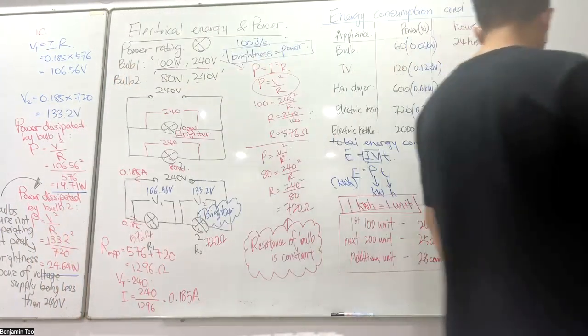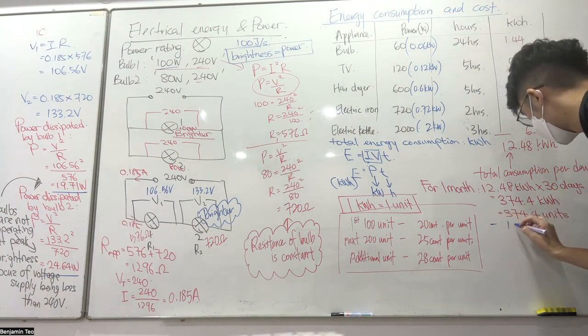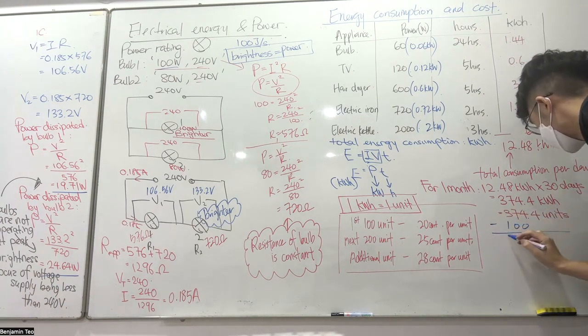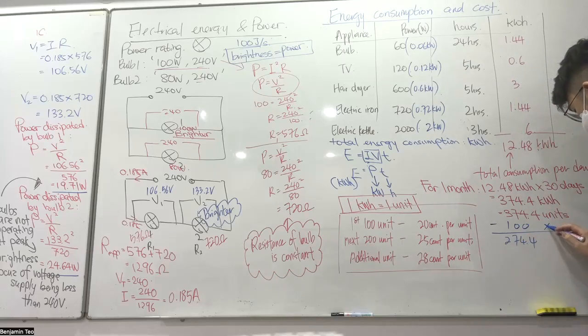How do we calculate the cost? We got a total of 374.4 units in 1 month. Take out the first 100: minus 100 units, we get 274.4. This 100 is for the 20 cents, 0.20, equals to RM.